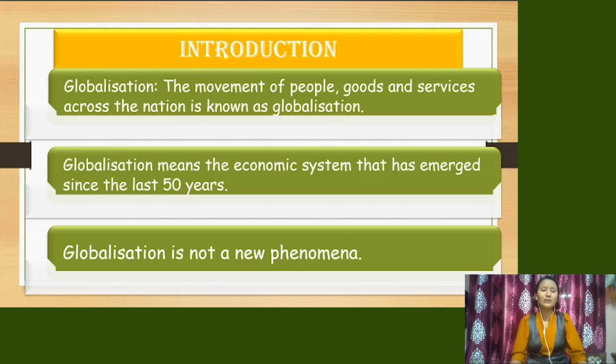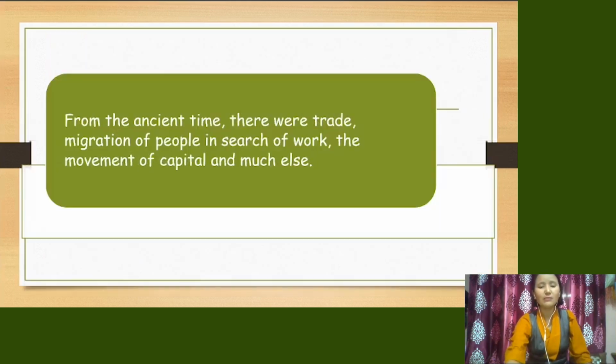Globalization has existed for the last 50 years, but it is not a new phenomenon. It is not a new situation, right? This movement of people, things and services has existed since ancient times. From ancient times, there was movement of goods from one place to another in terms of trade.